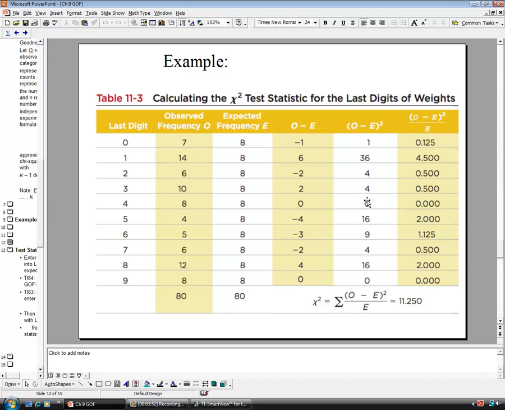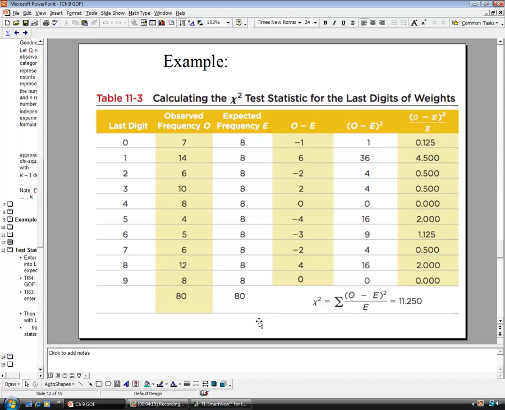Anything that's exact will be 0, and otherwise we're going to square the values there. And this last column is taking the observed minus expected squared and dividing again by the expected, this value from this column here. And then the total of all of these is our chi-squared test statistic.